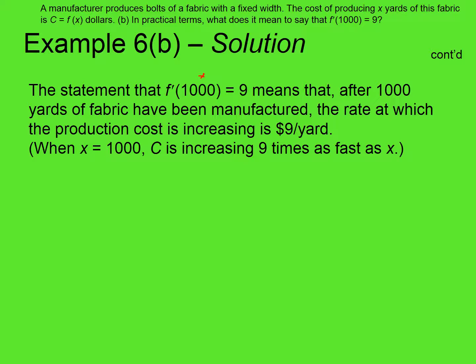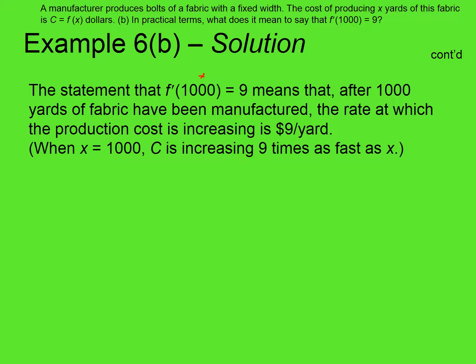So at an instant, at that 1,000th yard, that doesn't mean the machine's stopping its production, but f prime of 1,000 equals 9 means that after 1,000 yards of fabric have been manufactured, the rate at which the production cost is increasing is $9 per yard.